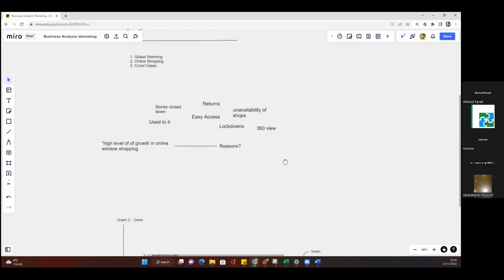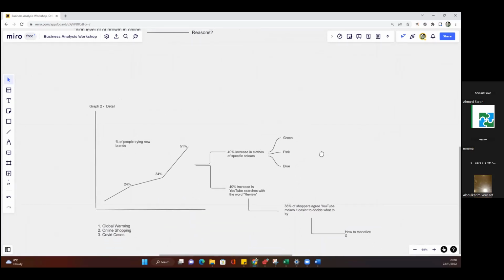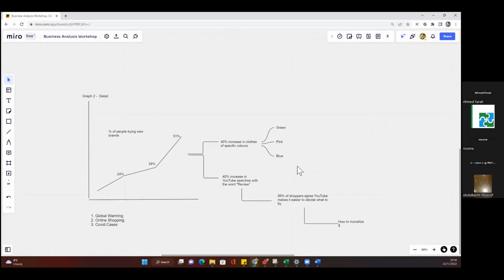So if we go into the actual detail behind this, you can see there are more detailed statistics. If you take this as quarters, Q1, Q2, Q3, Q4 of this year, every three months, Q1 was quite low, about 8 to 10%.